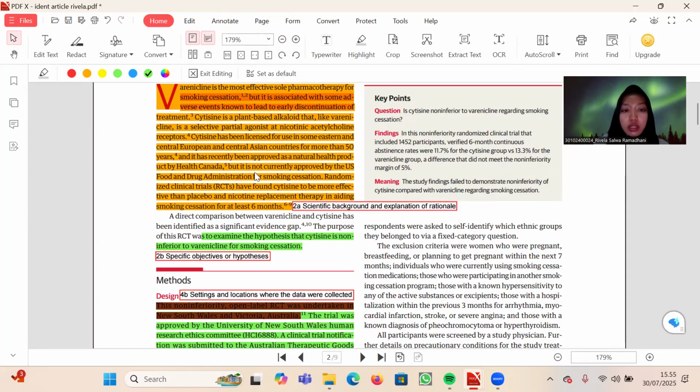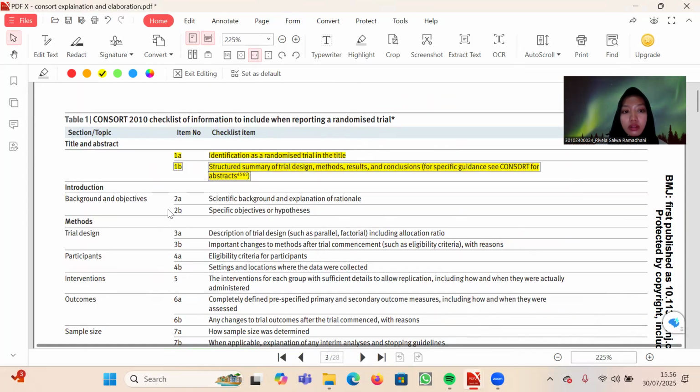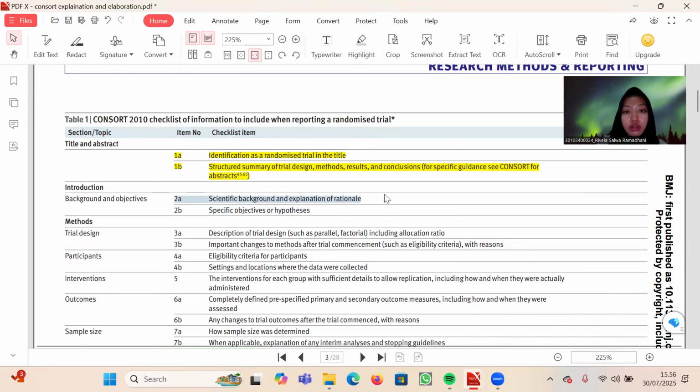But it is not currently approved by the US Food and Drug Administration for smoking cessation. Randomized clinical trials have found cytisine to be more effective than placebo and nicotine replacement therapy in aiding smoking cessation for at least 6 months. So that is 2A, done.